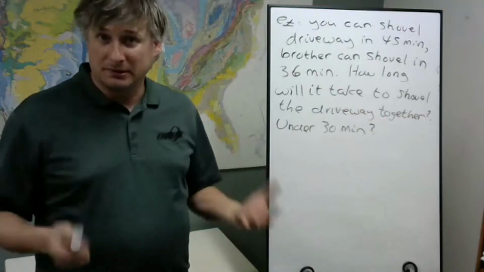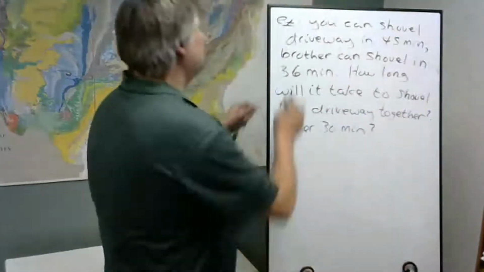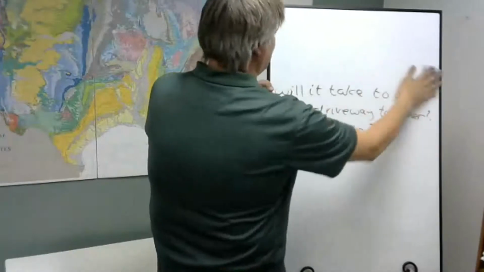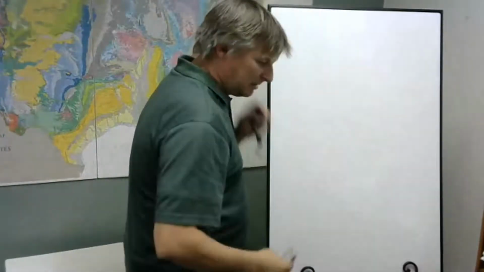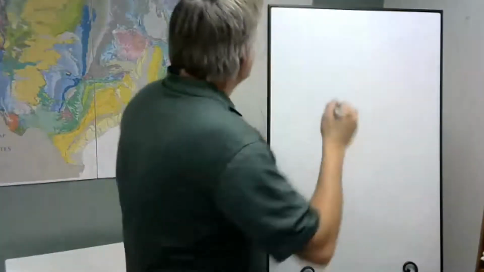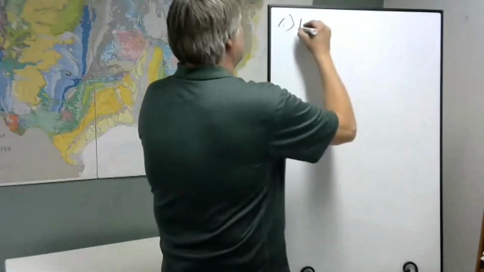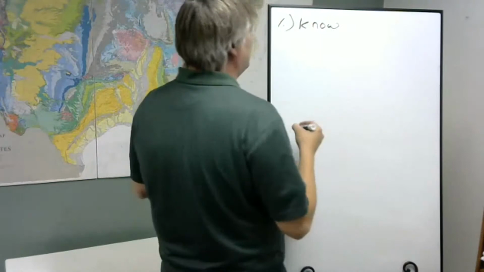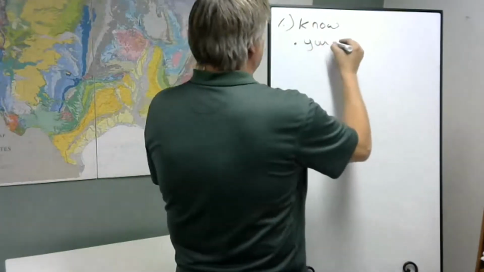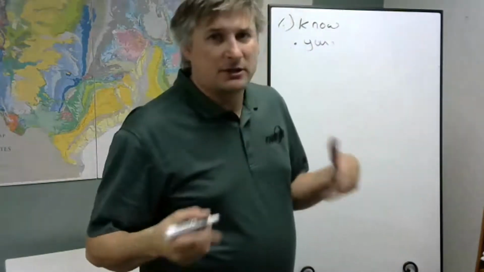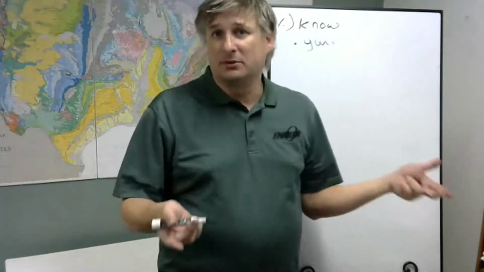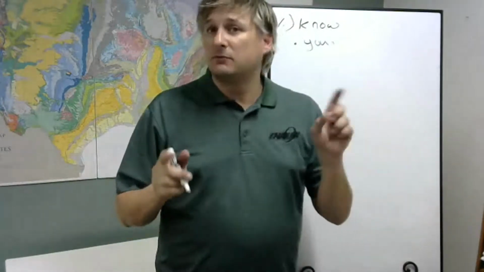Well, let's take a look at what we know and what we don't know. Now again, we're going to use an idea called the idea of a job, and we'll get to this in a little bit. So what do we know? Well, we know for you to shovel the driveway, it takes you 45 minutes. And we're going to use a special ratio. It's task per time. And for you, it's one job. In this case, the job is shoveling the driveway. You can do it in 45 minutes.